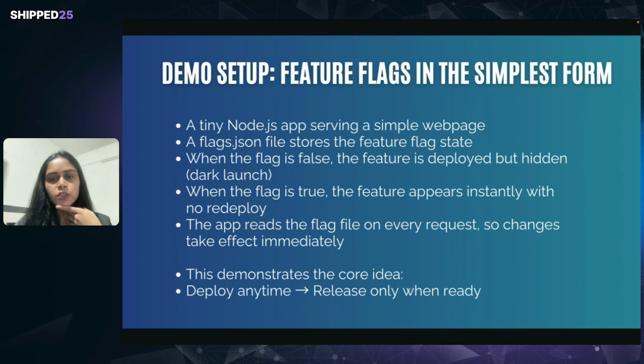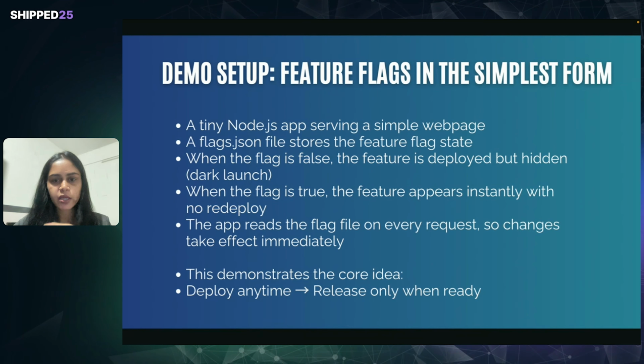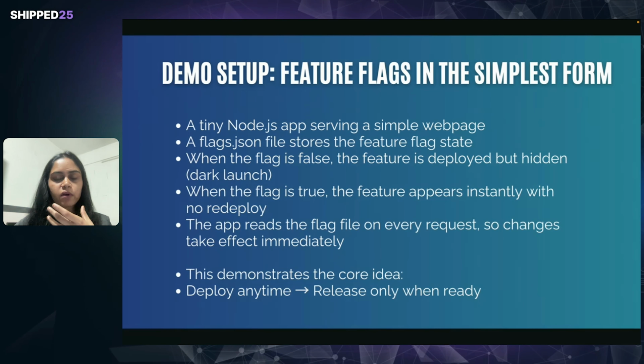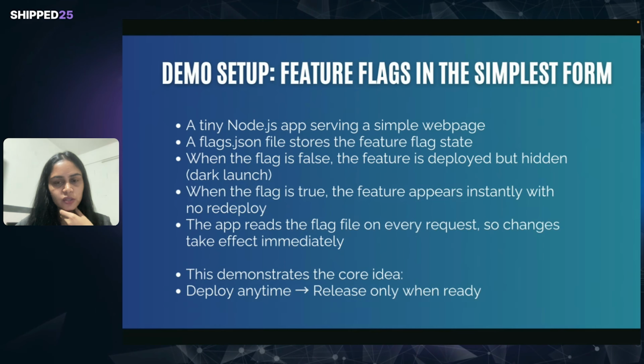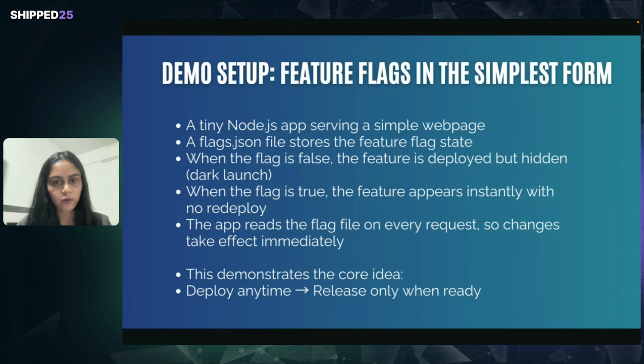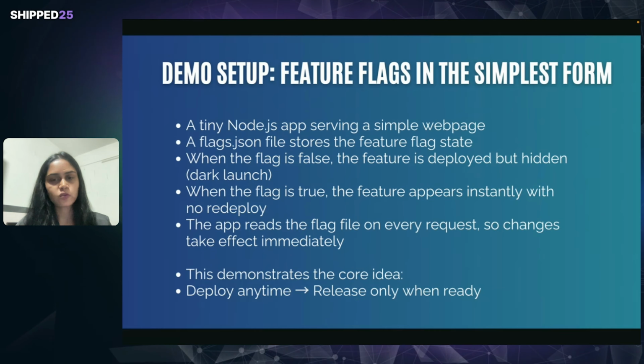In this demonstration, the intention is very basic. We just need to highlight the fact of feature flags here. We are going to use a very tiny Node.js application that serves a basic web page. There's a flags.json file that I have created, and that is going to hold the state of the feature flag. Whenever the flag is set to false, the feature is technically deployed.